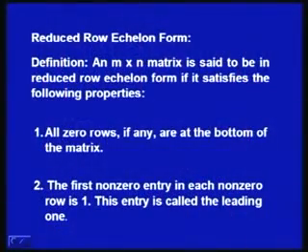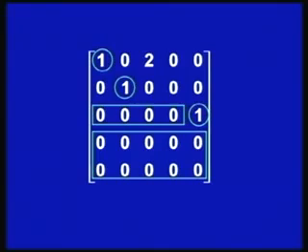The second property is that the first non-zero entry in each non-zero row is 1, and this entry is called the leading one. For example, I have this matrix consisting of 5 rows and 5 columns. There are 2 zero rows, the 4th row and 5th row. They are at the bottom of the matrix, so this might be a candidate for row reduced form. This is according to the first property.